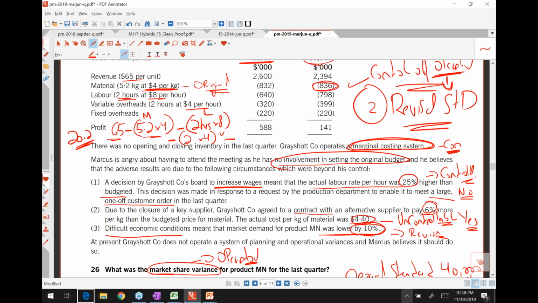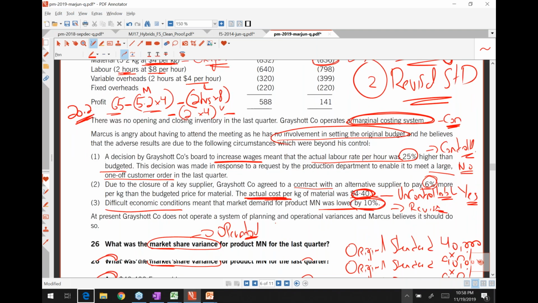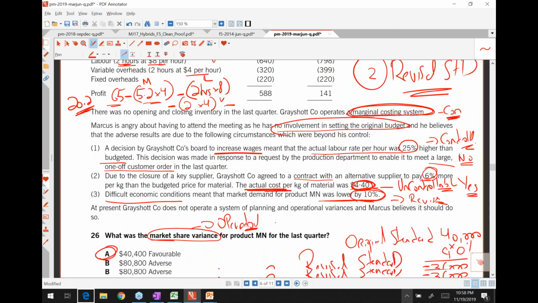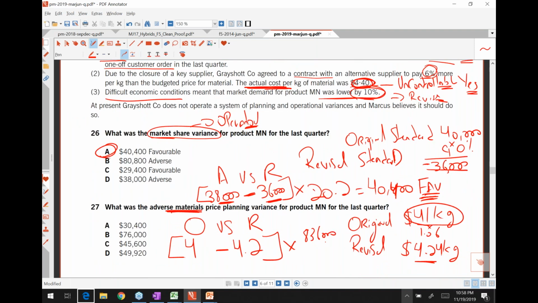It's 4.4. So can you work out the actual quantity? Yes, we can. 836,000 divided by 4.4 will give you actual quantity. Actual cost is 4.4 per kg, that is given here.